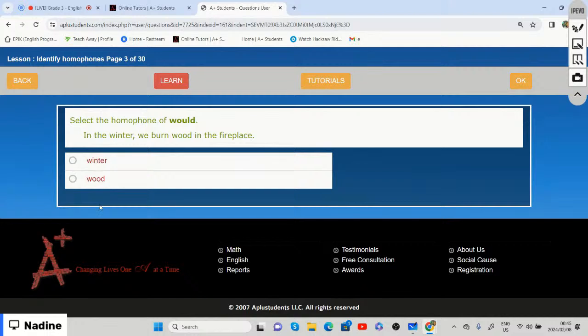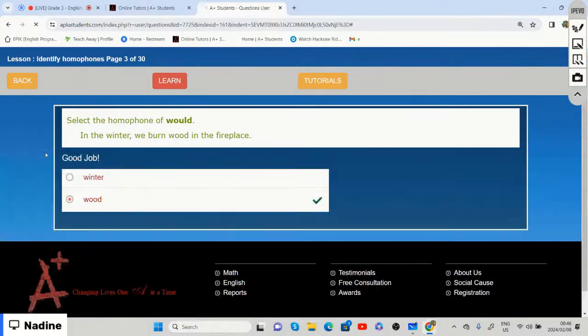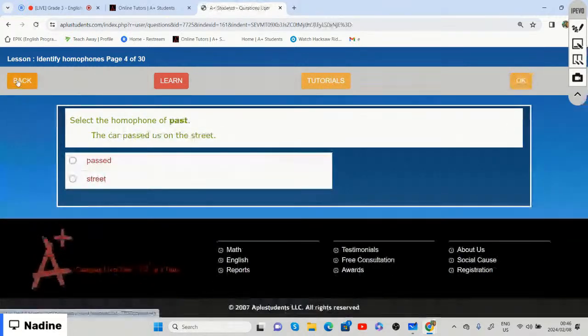And if we choose the word that is the homophone of wood, then we'll go with the second option, right? It's like collecting wood for the fireplace, right? And would is correct.